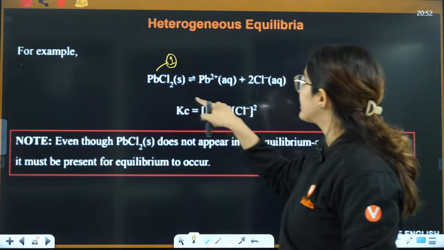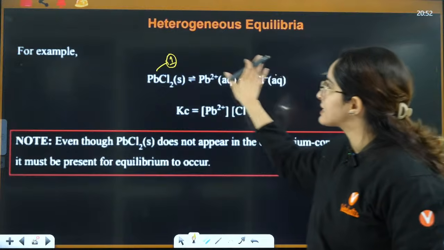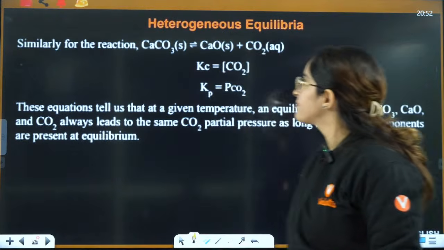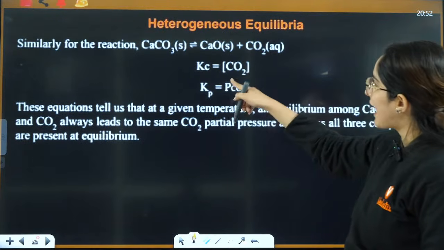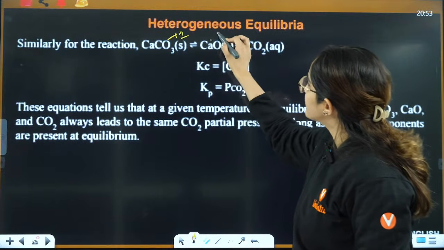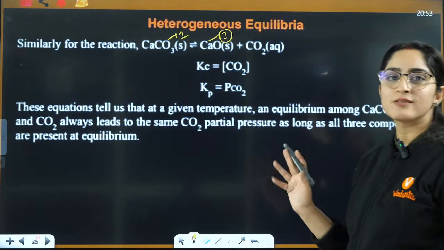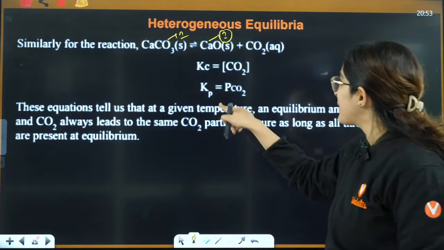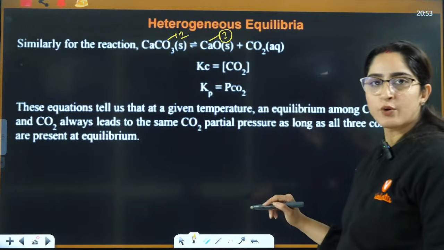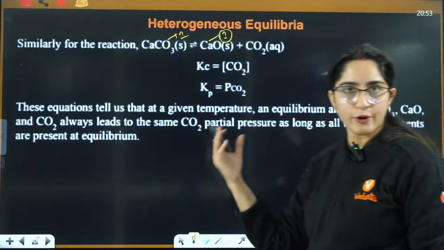That's why we write Kc is equal to [Pb2+][Cl-]2. If you see this one, again here Kc is equal to, this will be 1 and this is equal to 1, so you only write Kc is equal to the concentration of CO2. Kp is only equal to the pressure of CO2. It is not dependent upon CaCO3 or CaO, right?